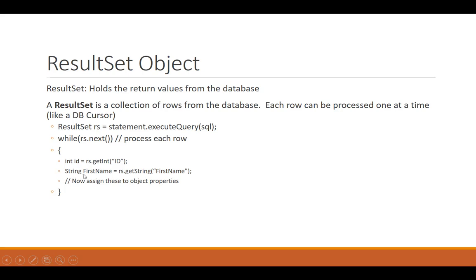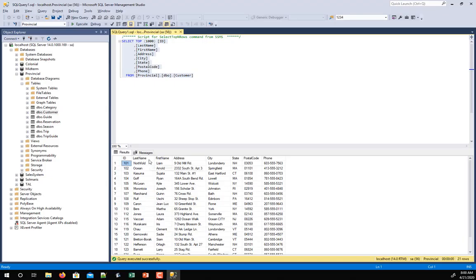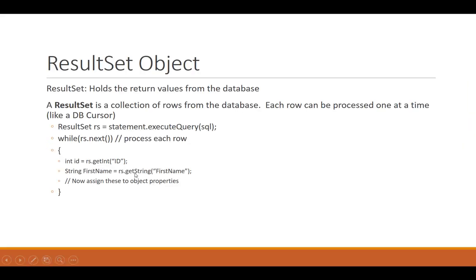Here we see string first name is result set get string, and we're going to get the string with the column label first name. So over here we'd say first name of that row would be, in this case, Liam. So that would return a string Liam that would be assigned here to first name in Java. And so you would simply do this. You would walk every column of the result set and get the value out of every column in the result set this way and assign it to the Java variable.